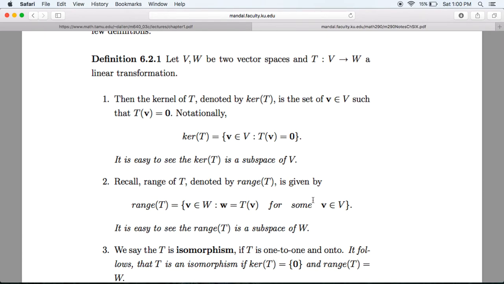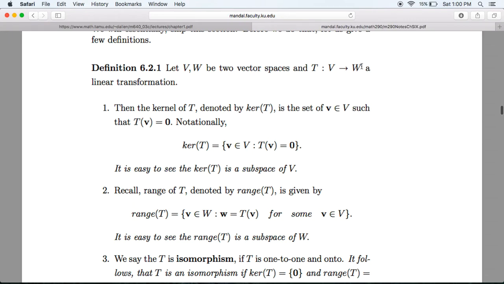And range of T is actually a subspace of the codomain space. So in the set builder form, range of T is all those vectors w in W, small w in capital W, such that small w can be written as an image of some small v in capital V. So w's are actually images, as we see in the high school notion of function.